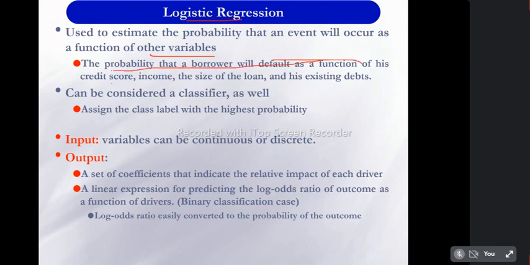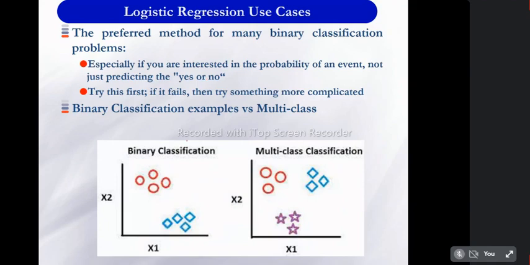Those are variables that cannot be determined as linear values. Usually they are probabilistic values, and that probabilistic value is called logistic regression.